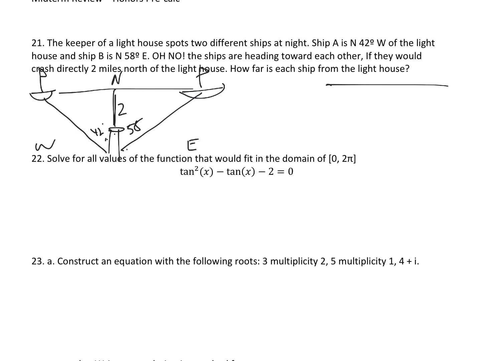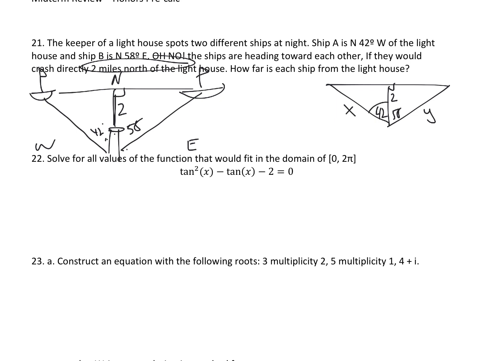So now that we actually have the diagram, this is 2. We know both sides here are 42 and 58, which makes a 100 degree angle, not a 90 degree angle. But it asks how far each ship is from the lighthouse. So this is x, this is y. Since they're both right angles, because it's exactly 2 miles north, meaning that this is a right angle, we can just use cosine ratios.